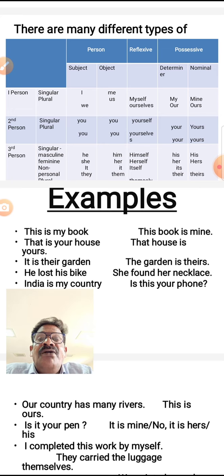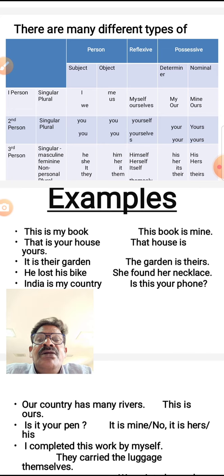Plural, our. Second person singular, your. Plural also, your. Third person, if it is singular masculine, his. If it is feminine, her. If it is neutral or non-personal, its.